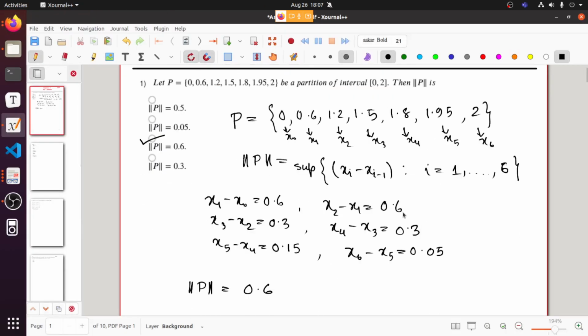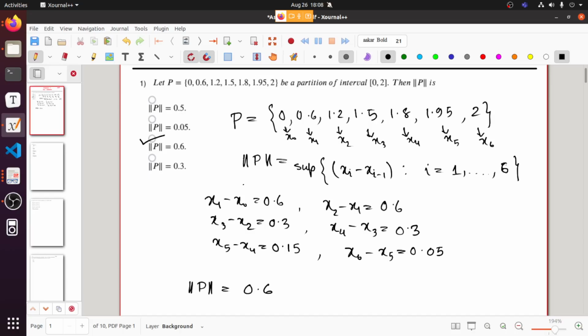So we have discussed assignment 5, question number 1. Let me repeat: here we have to find the norm of the partition. Our partition is given by this, so you number it x0, x1, x2, dot dot dot x6. The norm of the partition is the supremum of xi minus xi minus 1.